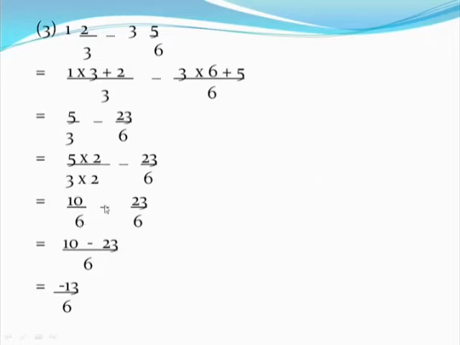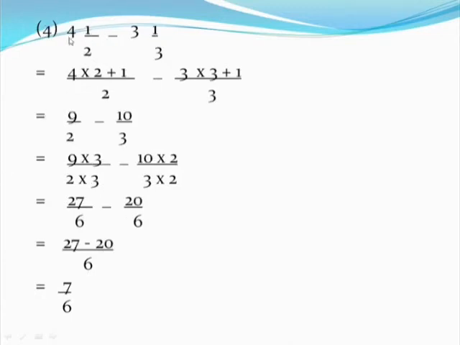Minus sign will remain as it is and 23 upon 6. Now here both the denominators are same. So we will subtract the numerators, that is 10 minus 23 upon 6. 10 minus 23 is negative 13 upon 6. Hence the last answer is negative 13 upon 6.